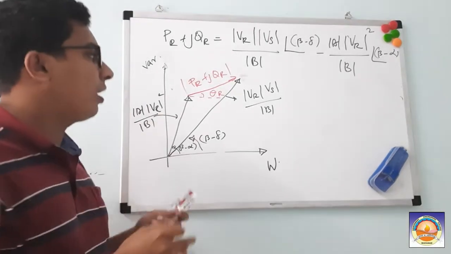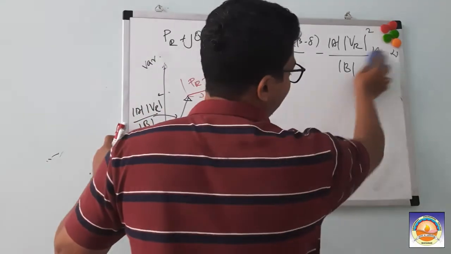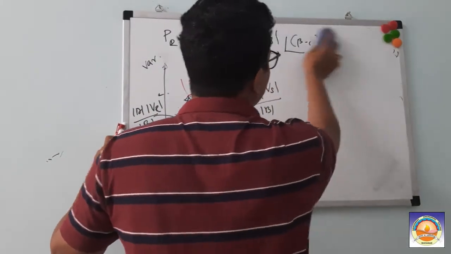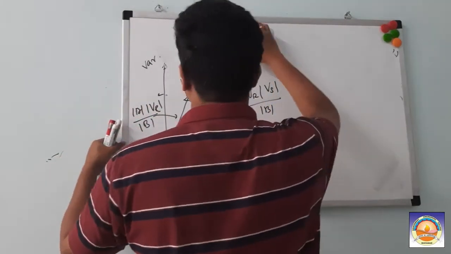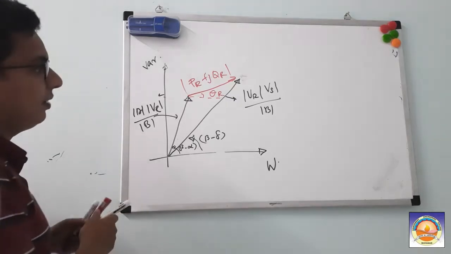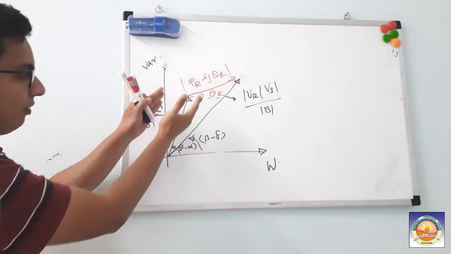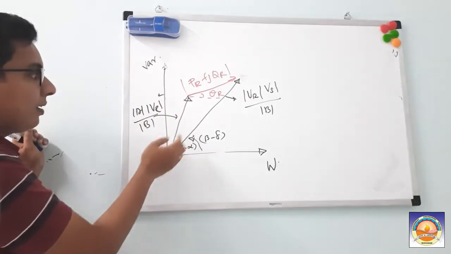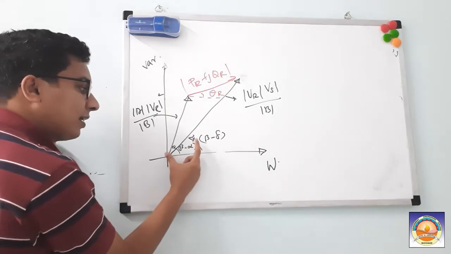Using this, we are going to develop a power diagram. How can we develop the power diagram? Now our interest is to develop this power diagram. It is very easy. We will take the same diagram, but we have to make this PR plus jQR reside at the origin.